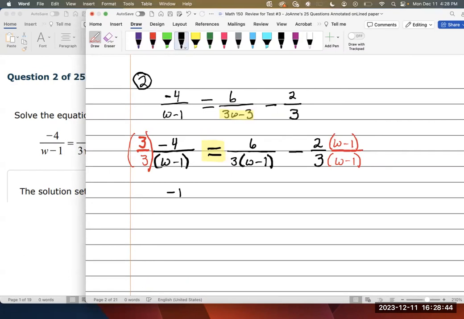So I now have negative 12. Negative times positive is negative. And notice all of my terms are the same. The right side, because I'm adding or subtracting, and these denominators are the same, when I add or subtract, I'm left with the same denominator.